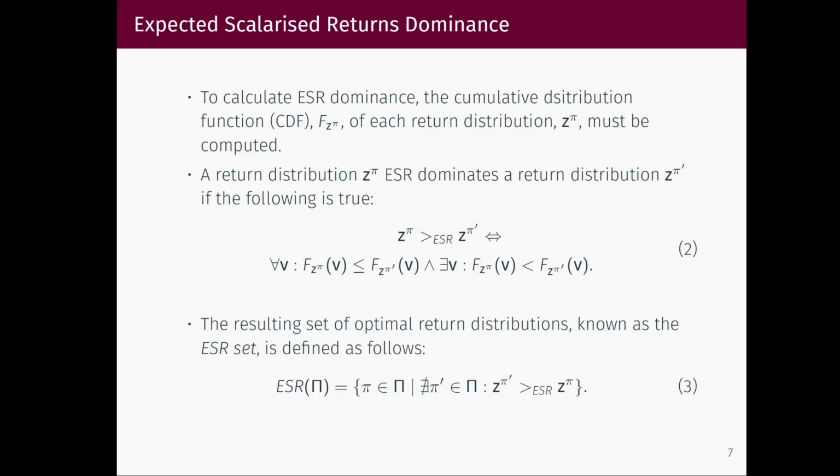Once we have the CDFs of each return distribution, we can then utilize the dominance criterion in equation 2. We can see here that Z pi ESR dominates Z pi prime if the following conditions are met. The resulting set of optimal return distributions is known as the ESR set, which is defined in equation 3.